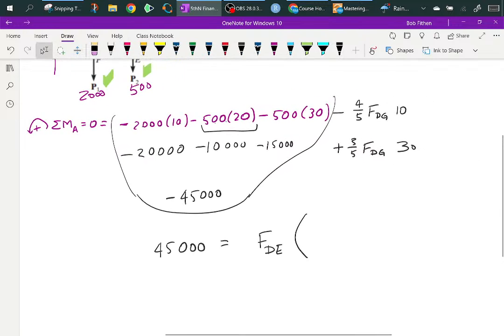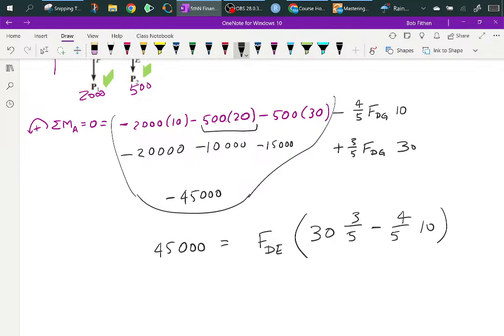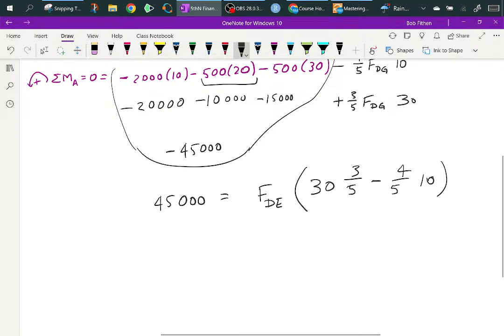Okay, so now I'll take 30. I'll do the 30 first. 30 and 3/5 minus, I mean, I could clear it out, but I'm going to look that picture thing on my phone figured out. Okay, FD. Why did it change to E?